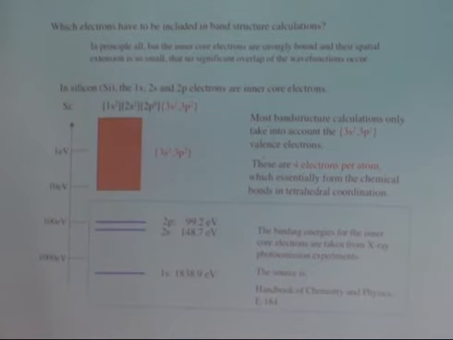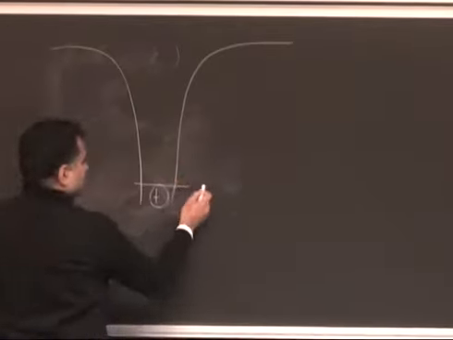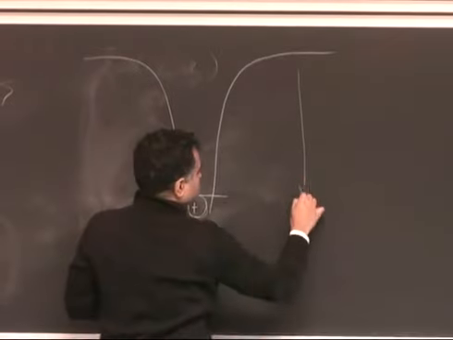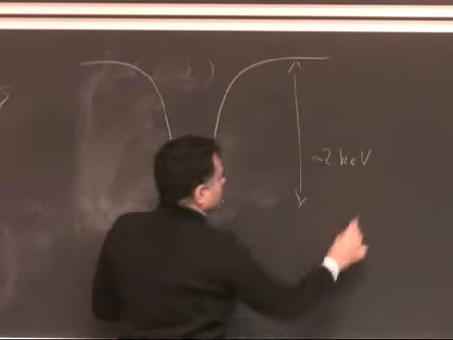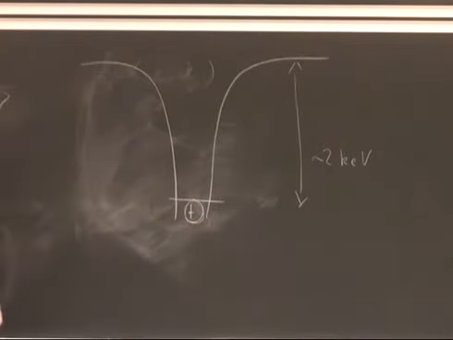So as a result, if you look at their electronic structure, here's the nucleus of silicon, positively charged, and then there's the vacuum level, and we are looking at the energies allowed for the electron. What we said was the innermost electron is close to 2 kilo electron volts below the vacuum level. That's okay.